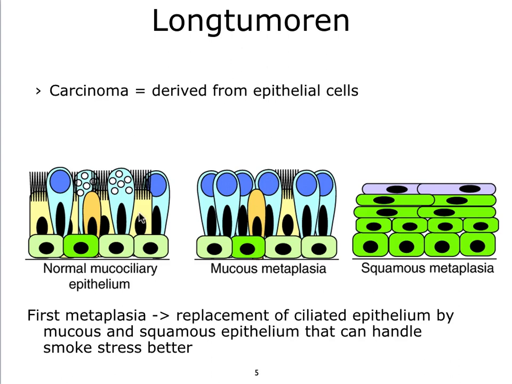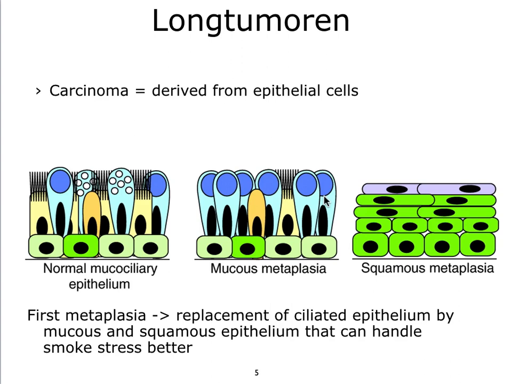So when you smoke, these cells are constantly damaged, and so the epithelium will change to protect yourself against that constant damage. So first of all, you get mucus metaplasia. So that means that metaplasia means change into. So the epithelium will change into a mucus epithelium. So a lot of mucus cells will develop to produce lots of mucus to protect yourself from that constant smoke inhalation.